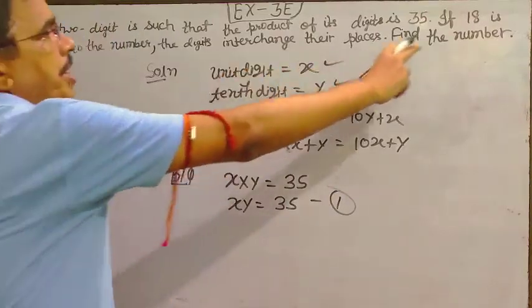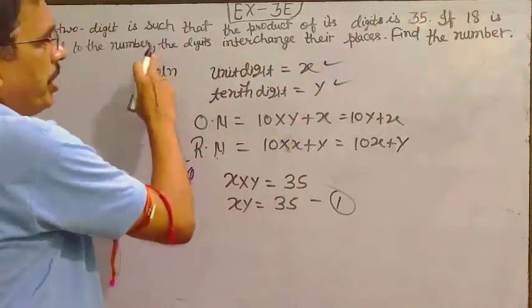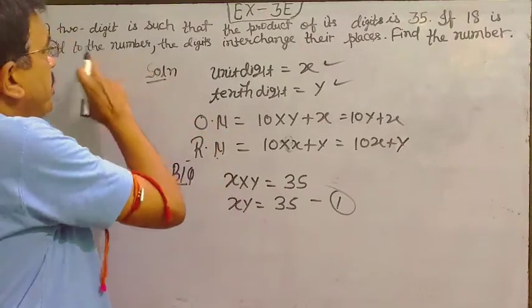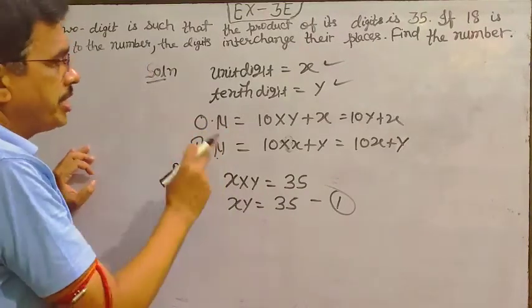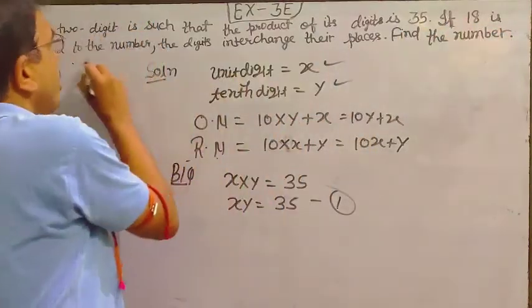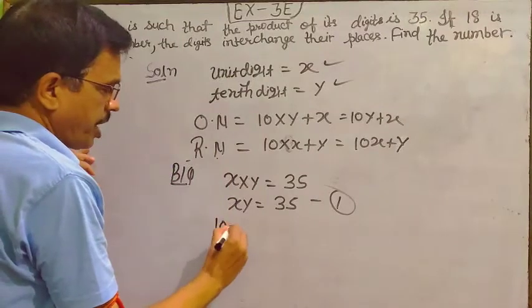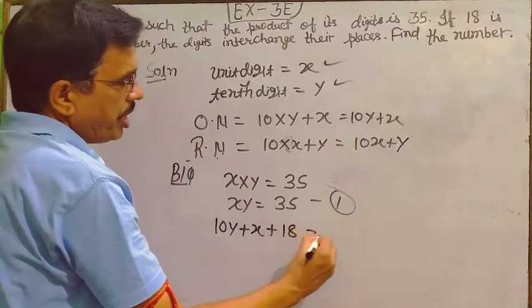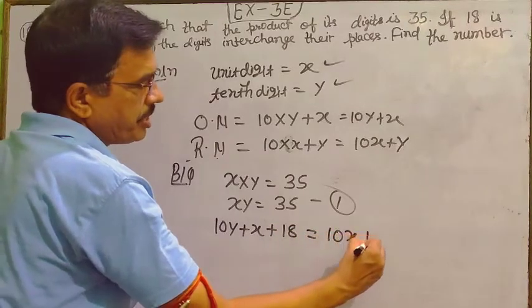And next, if 18 is added to the number, meaning the original number. If there is any relation with the number, then it is clear it is the original number. So your question says, if 18 is added to the number, that means 10y plus x plus 18, the number will be interchanged, that means it is reversed.